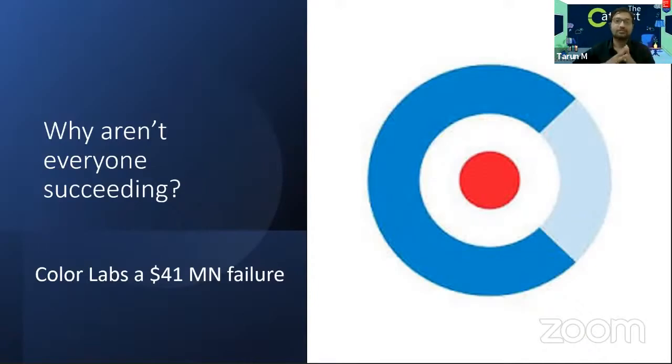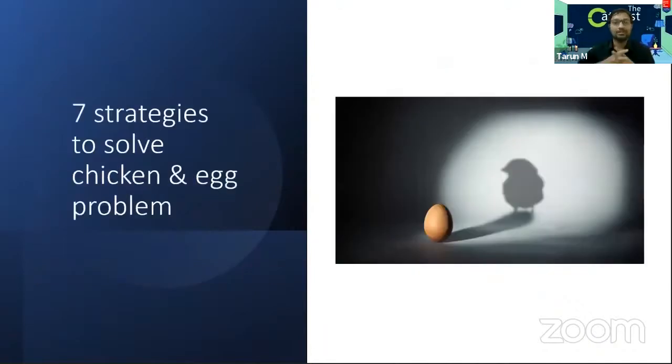So it's really important for a platform business to succeed to nurture and get to a point of critical mass, if you can call it that way, for all the sides of the platform participants. And that brings me to the topic of how do we go about solving that chicken and egg problem, if I can call it that way.